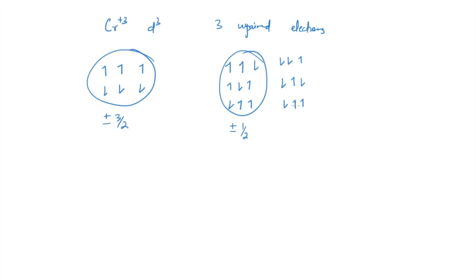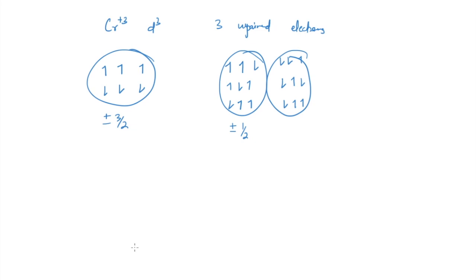Like that, all of them are having minus half. So overall, these 6 arrangements can give you plus minus half. Okay, so these are the 2 values which you will get for the 3 unpaired electrons. So these 3 unpaired electrons are going to give you in the ground state itself for the zero field splitting.